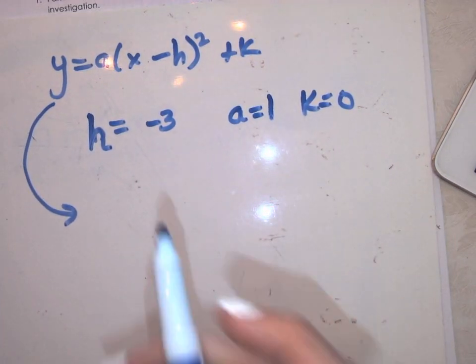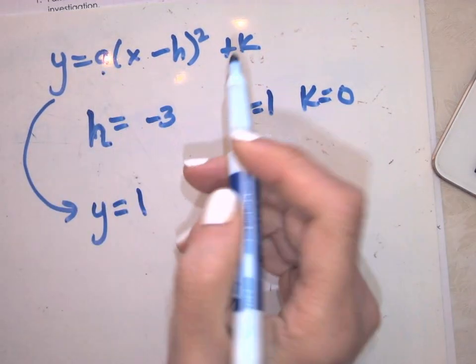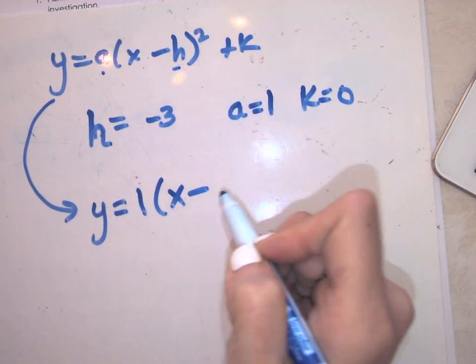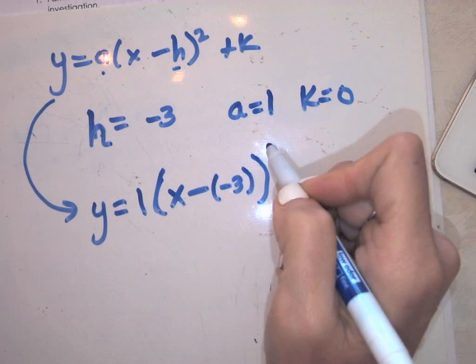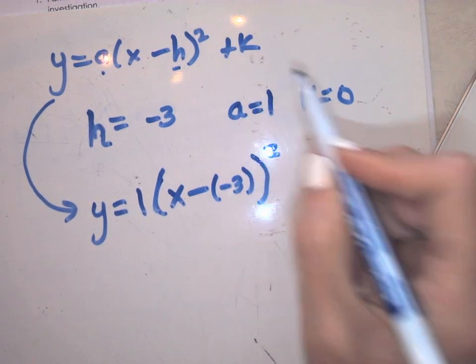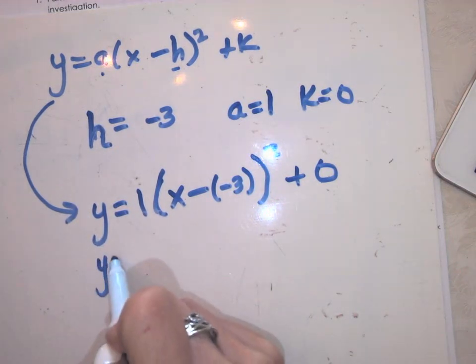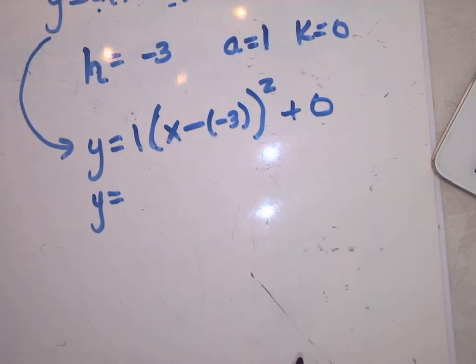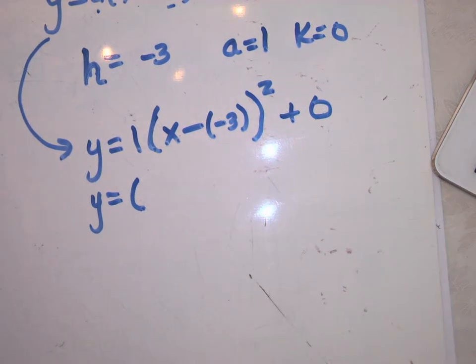Okay, so I would get y equals 1, I'm replacing A with 1, x minus, and I'm replacing H with -3, all squared, and then K is 0, plus 0. So then this 1 out front, multiplying by 1 doesn't change anything, so I don't really need to show it. But here, x minus -3.